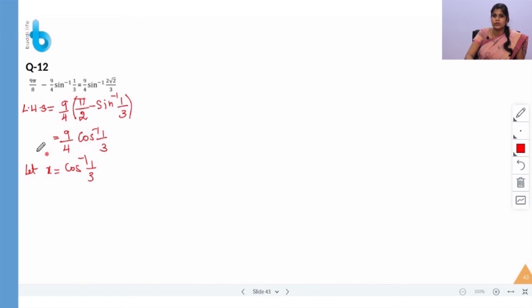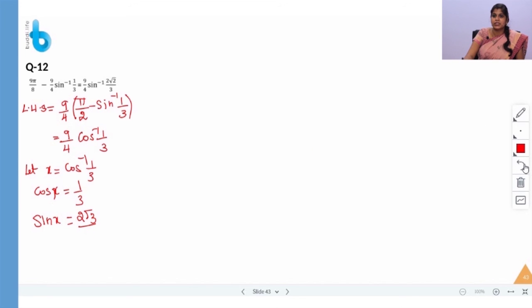Now what is cos x? It is 1 by 3, right? Sin x. See, if cos x is 1 by 3, sin x will be 2 root 2 by 3.